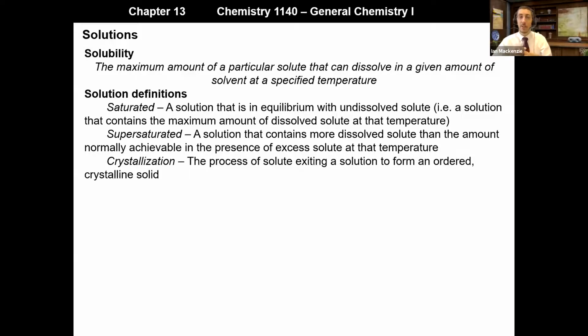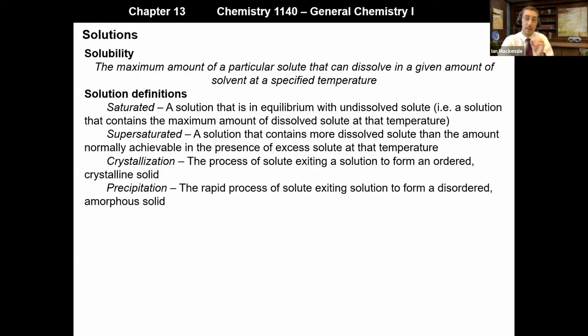Another definition is crystallization. This is the process of solute exiting the solution to form an ordered crystalline solid, and I'll show an example of this in just a moment. Crystallization is when the solute is coming out of solution, but it has to come out in an ordered fashion to leave an ordered, regular solid.